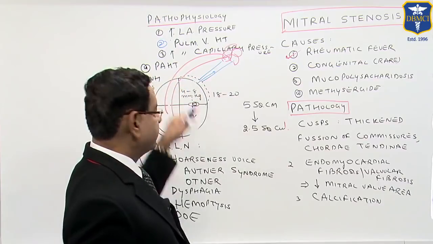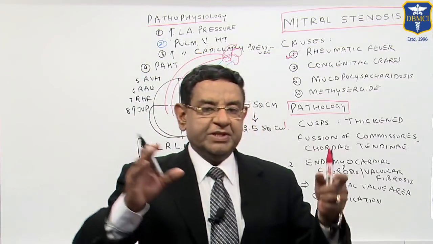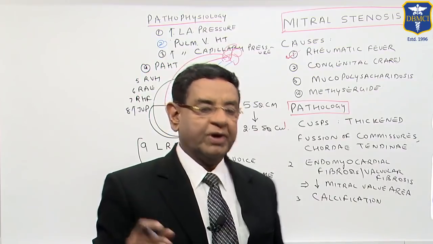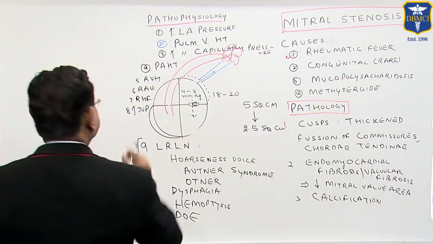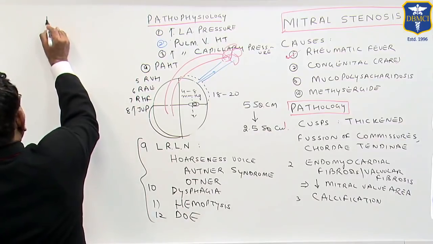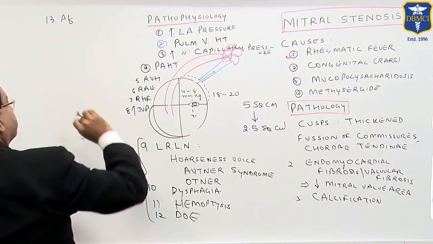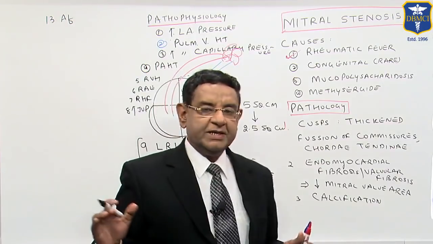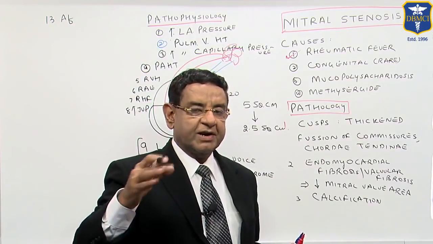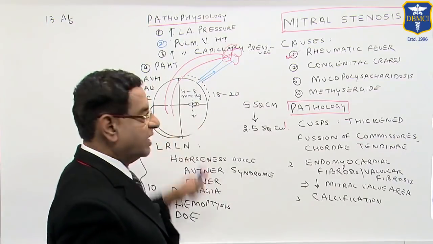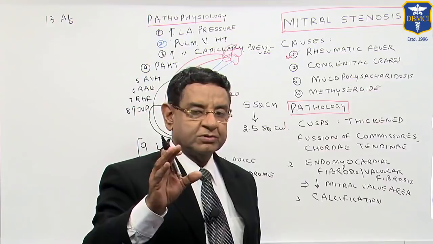As LA has become enlarged, it has become very thin walled. So now this LA is prone to atrial fibrillation. This patient is prone to atrial fibrillation. As atrial fibrillation occurs, the atrial rate is very high, so that leads to an increase in the ventricular rate also.